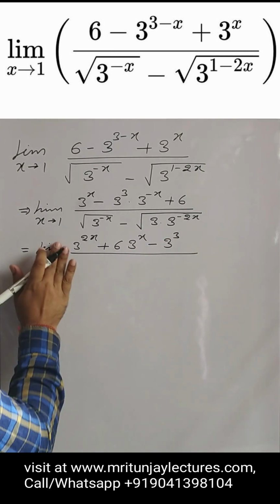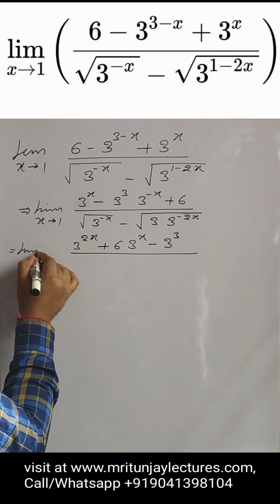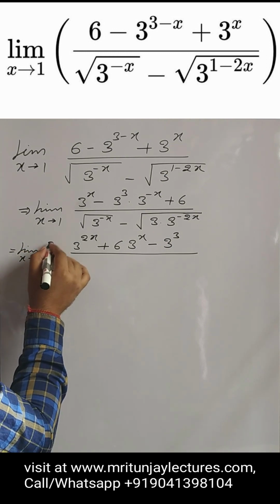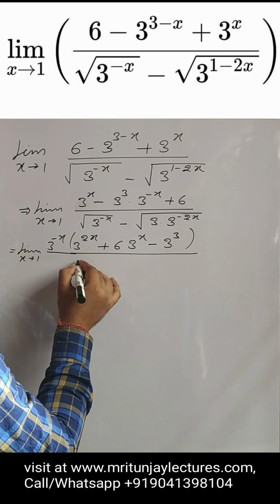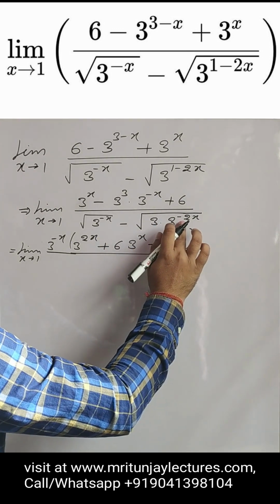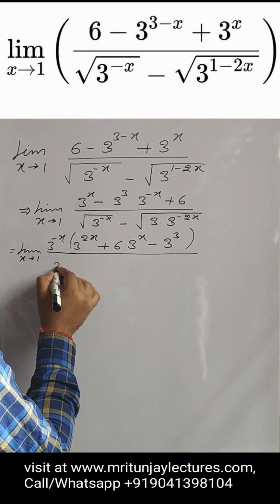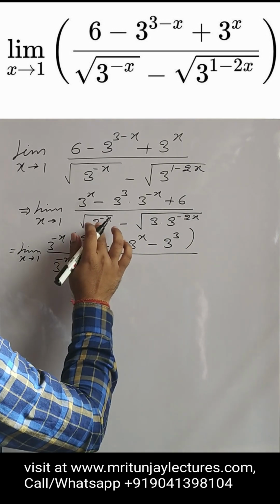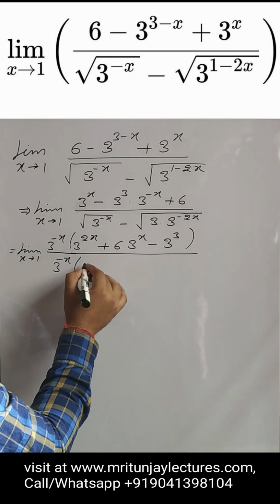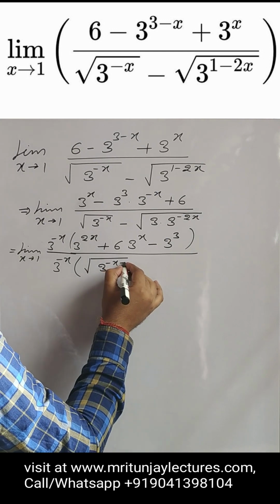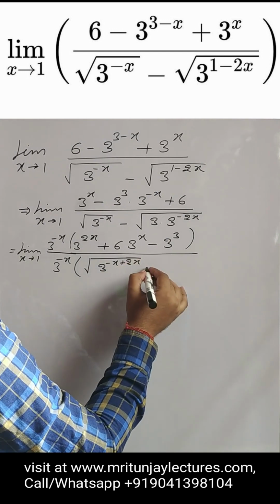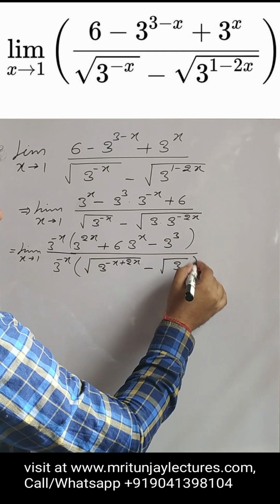Okay, and also here I have 3 to power minus x common in the upper part. Now in the lower part, if you see very carefully, if 3 to power minus x is common, then we get this one written as 3 to power minus x plus 2x minus root 3.